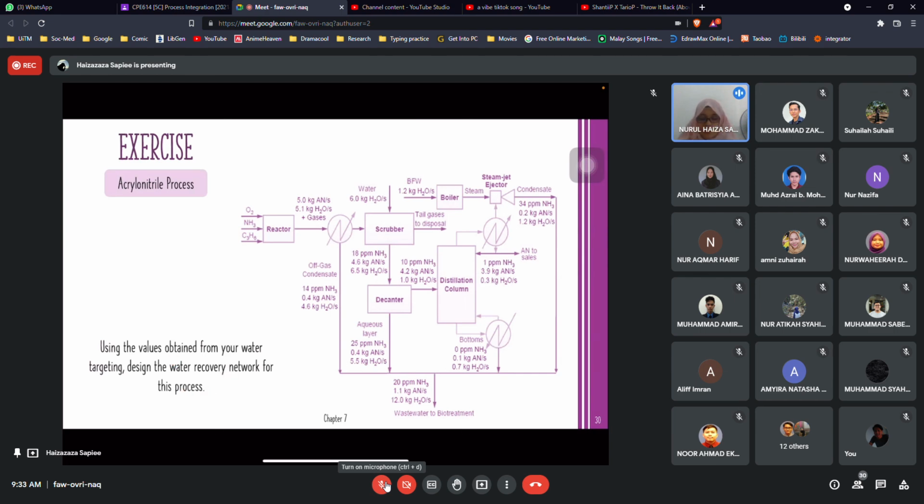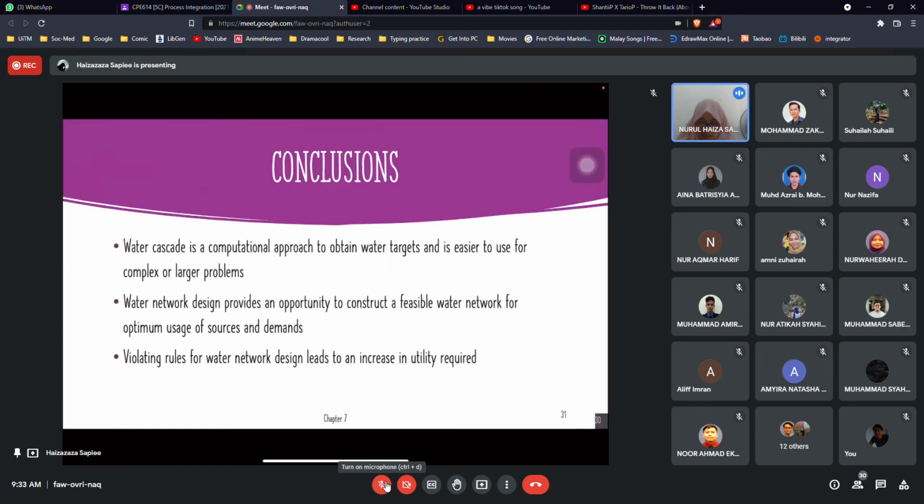Okay. So basically from today's lecture, we see how to make a water cascade, and it's obviously easier, especially if we have a larger problem. If you have more data, you can just put it in Excel and have it calculate, and then you can do your water network to see how we supply dirty water to sources that can accept a bit of dirtiness in the water.